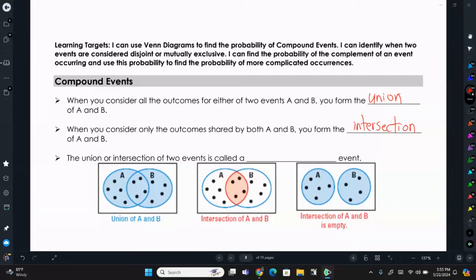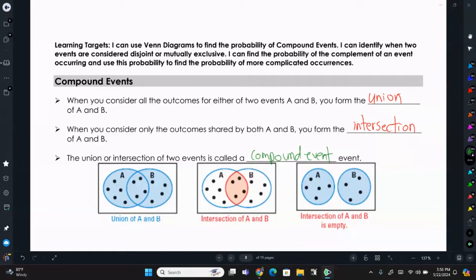So when I was talking about a red card or an ace, those two aces that are also red would be the intersection where that overlap occurs. Now, the union or intersection of two events is called a compound event.